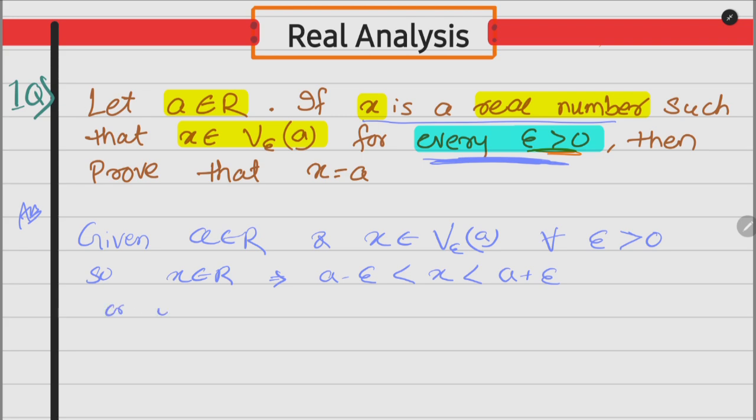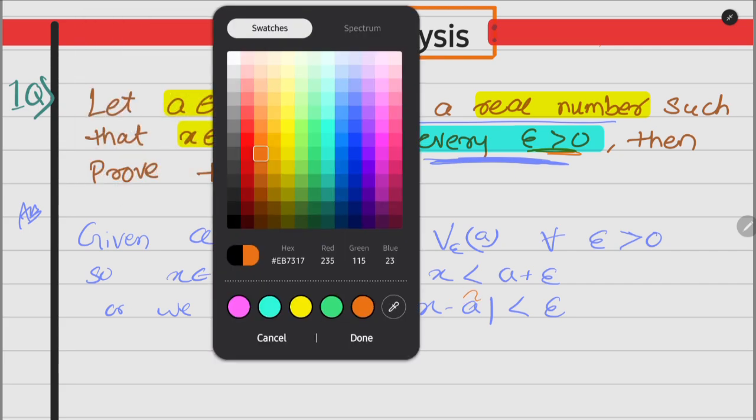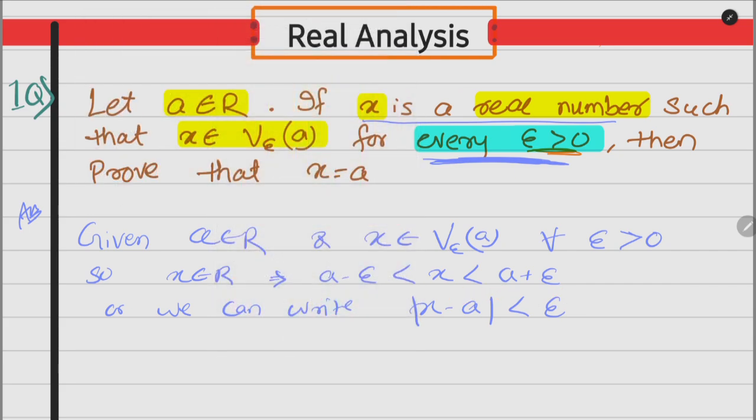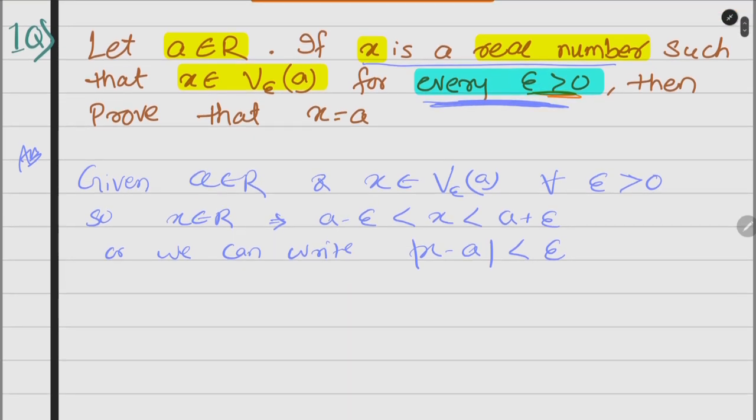Or you can write mod of x minus a will be less than epsilon. This we have discussed earlier. While explaining, I told you this, how it was there. So, and epsilon is greater than 0.